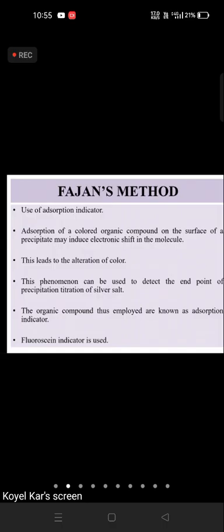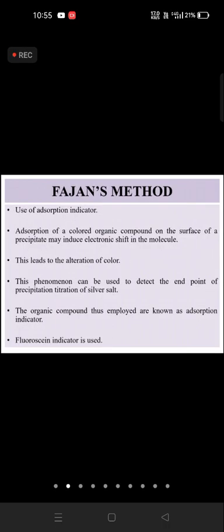Now, due to the induction of the electronic shift in the molecule, there is a change in the ionic concentration. That will lead to the alteration of color. This phenomenon can be used to detect the end point of precipitation titration of silver salt.